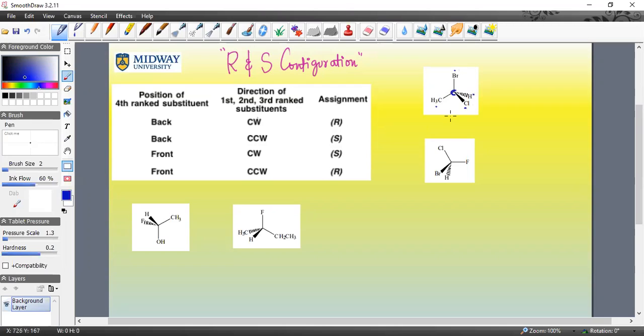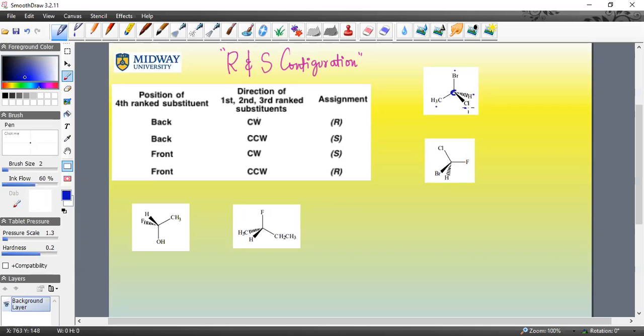You assign priority as 1, 2, 3, 4, based on the atomic number of the element that's directly attached to the carbon. We will see down the road that the element attached to the carbon containing the chiral center might actually be attached to additional elements, but this particular example is the most straightforward of all of them.